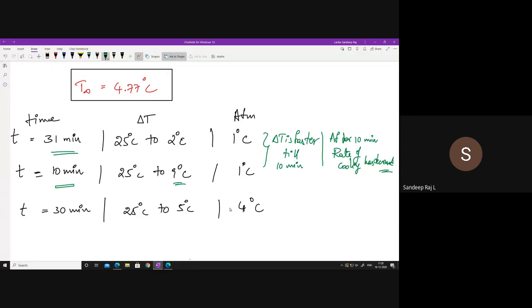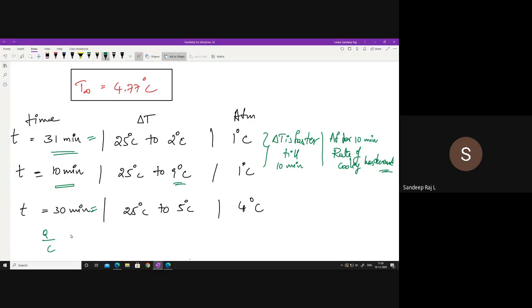And let us consider the first one, the question number A and the question number C. Let us compare what can we understand from this. See, in A and C, the time is same.